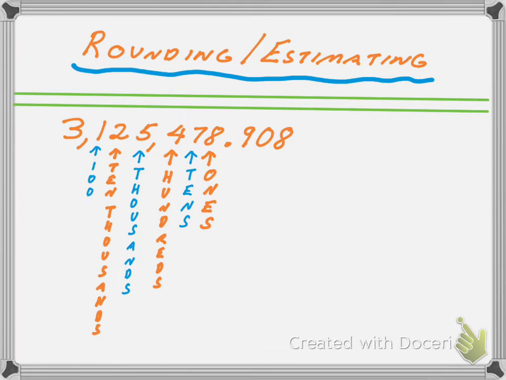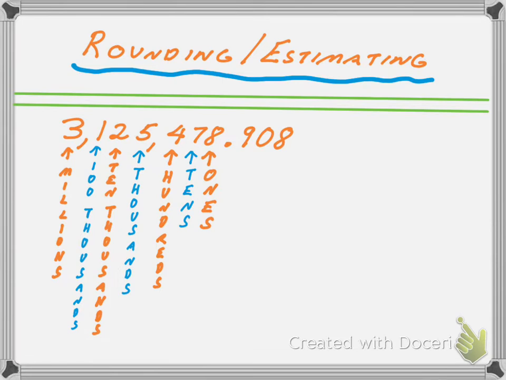And for lack of room, I'll write 100 as the number 100. And then after that, we begin again: millions, 10 millions, 100 millions, and so on.